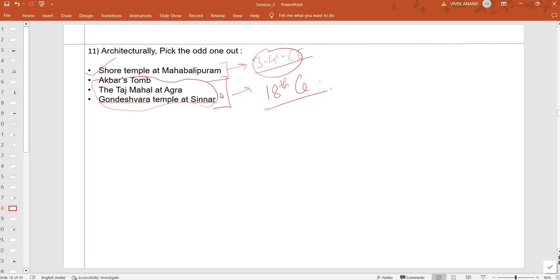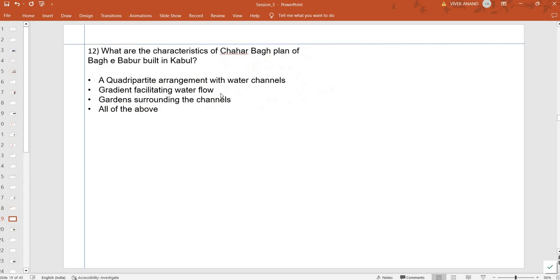Based on building material also you cannot differentiate. You cannot put the buildings in one criteria. The Shore temple is made of stone only, Akbar's tomb is made of sandstone. They have different materials. The Taj Mahal also, and Gondeshwara temple is also not made of stone completely. So there is no other criteria I think. Based on the timeline only, the period of construction, you can pick the odd one out. So let's move to the next question.